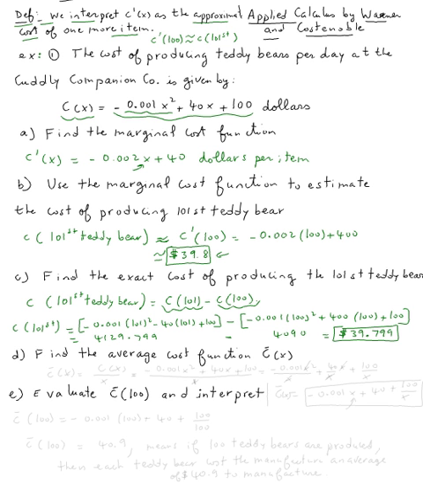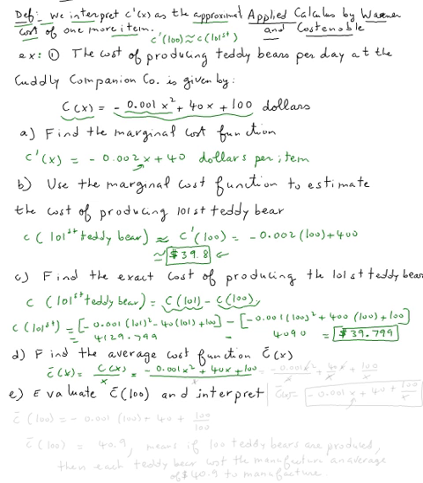Now for question D, we need to find the average cost function, and by definition the average cost function is equal to the cost divided by x, which is the number of items. So the cost function is negative 0.001x squared plus 40x plus 100.